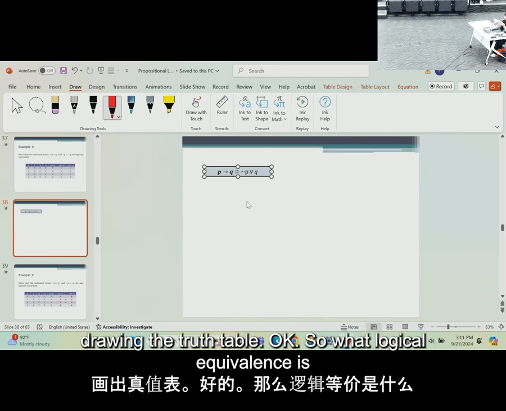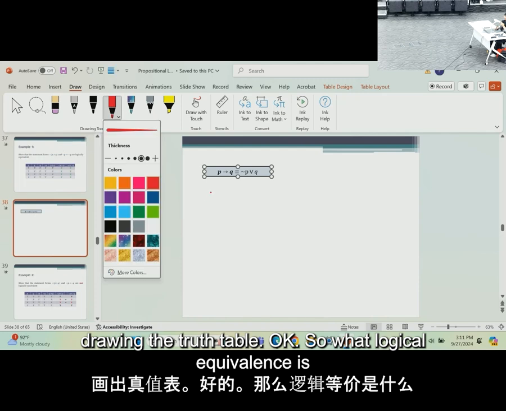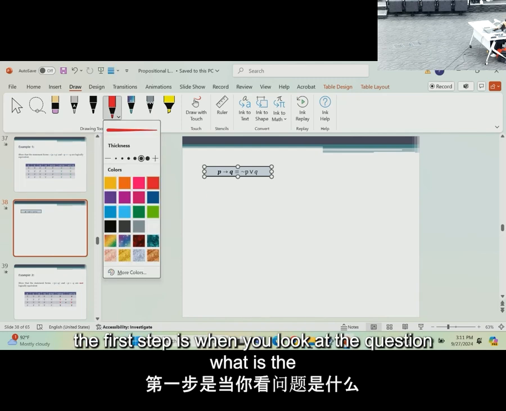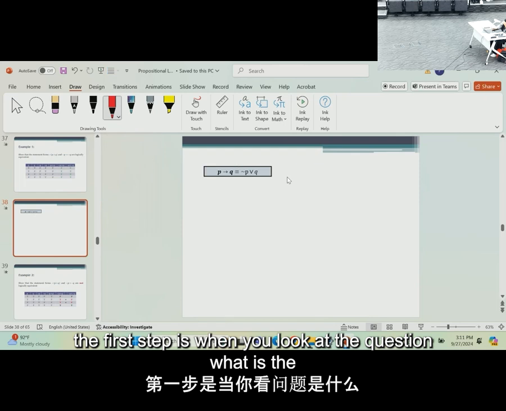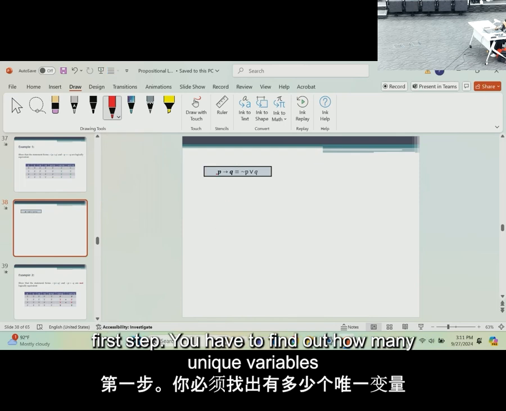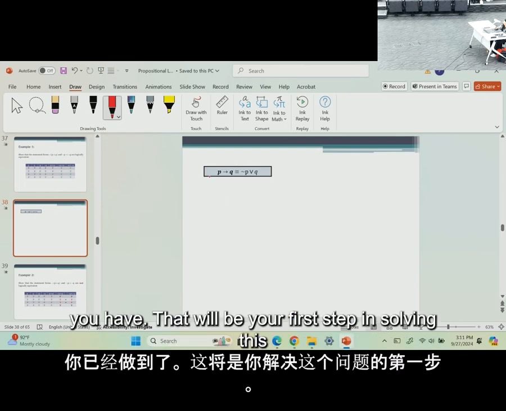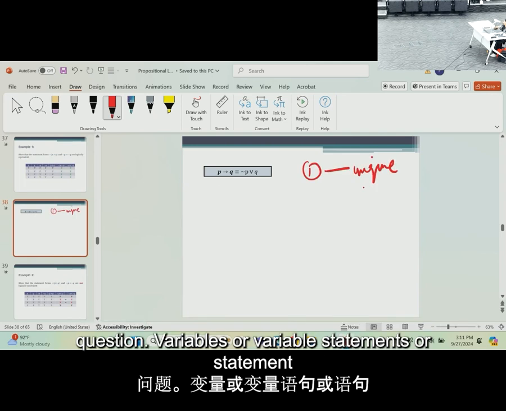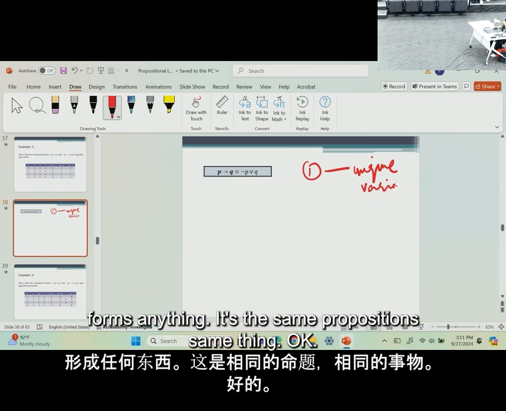Okay. So when you look at the question, what is the first step? You have to find out how many unique variables you have. Okay, that will be your first step in solving this question. Variables or variable statements or statement forms, anything, it's the same.